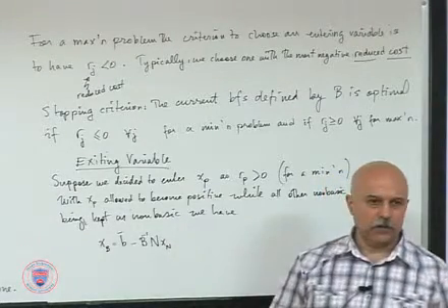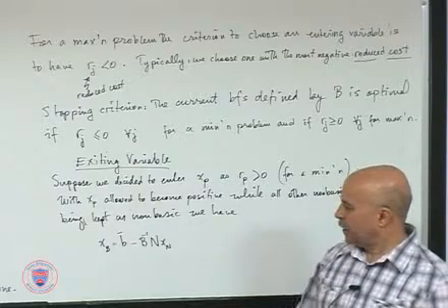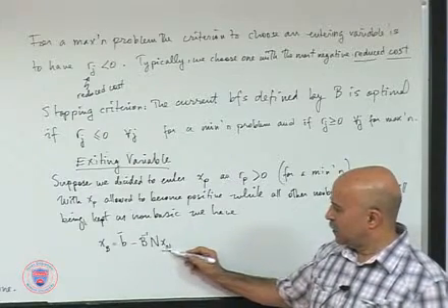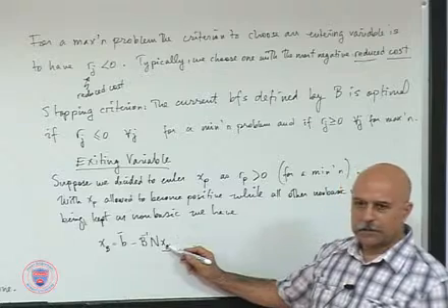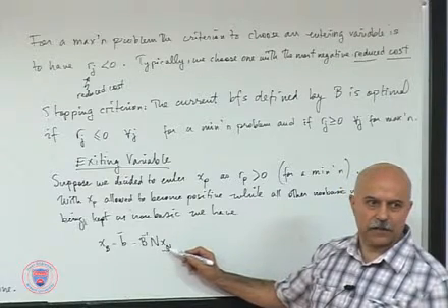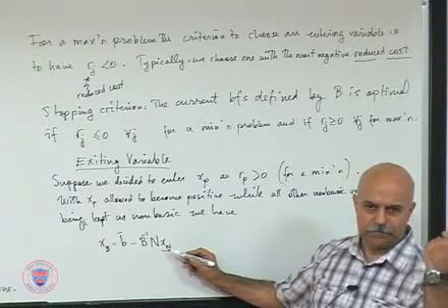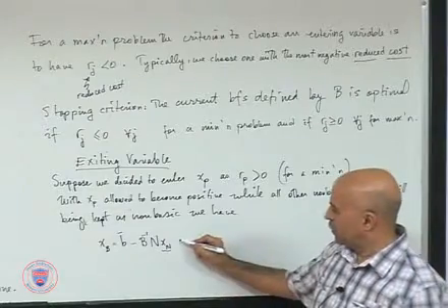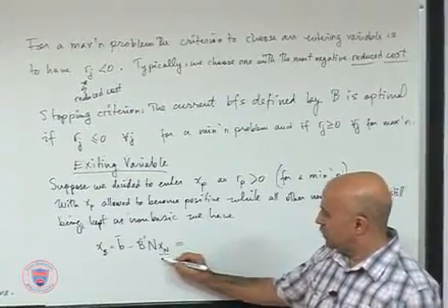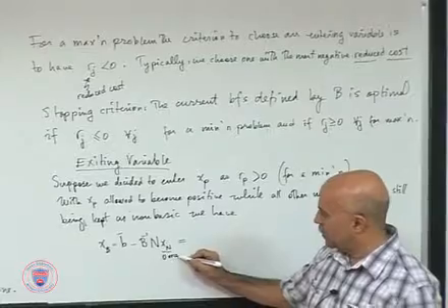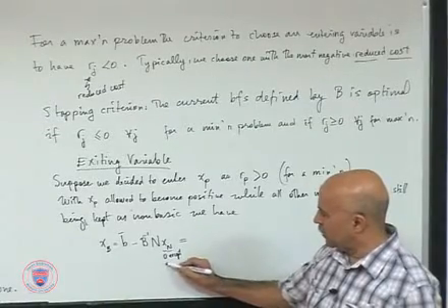Now all xj's are 0 here except for one of them, the variable xp.